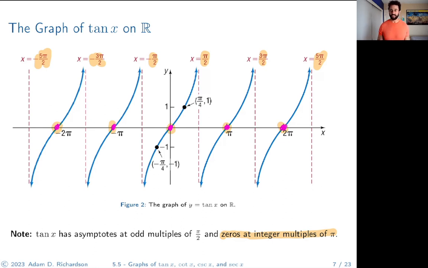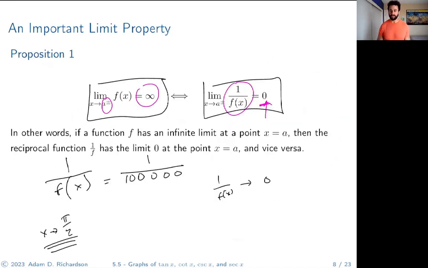That's really it. If my function has a 0 at some point, then if I reciprocate that function, I'm going to have an infinite limit there. If my function has an infinite limit at some point, then if I reciprocate my function, I'm going to get a 0 there. That's a really powerful proposition to keep in mind, because it totally informs what the graph is going to look like.